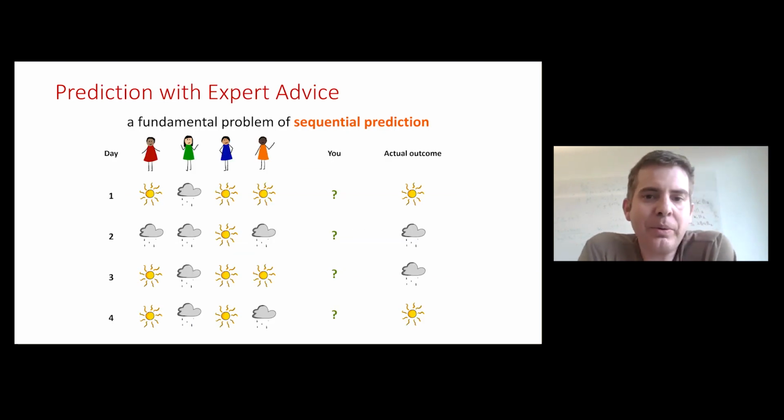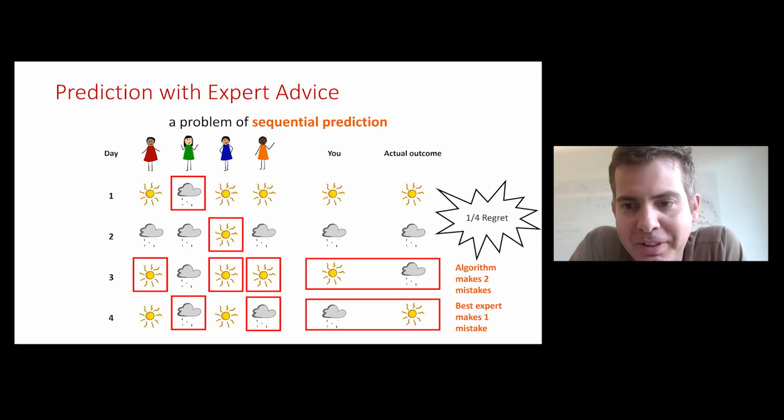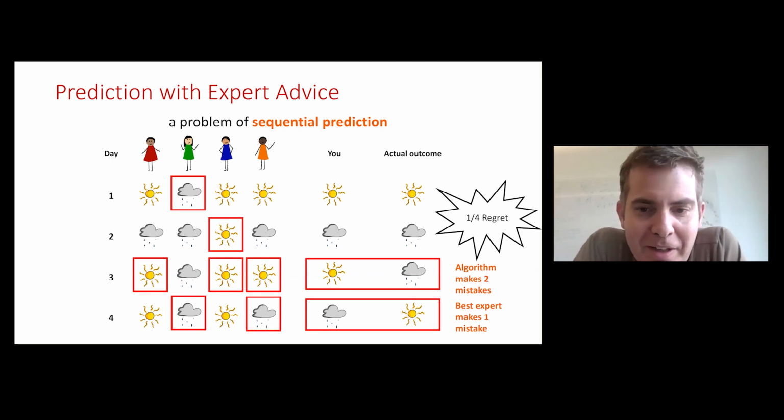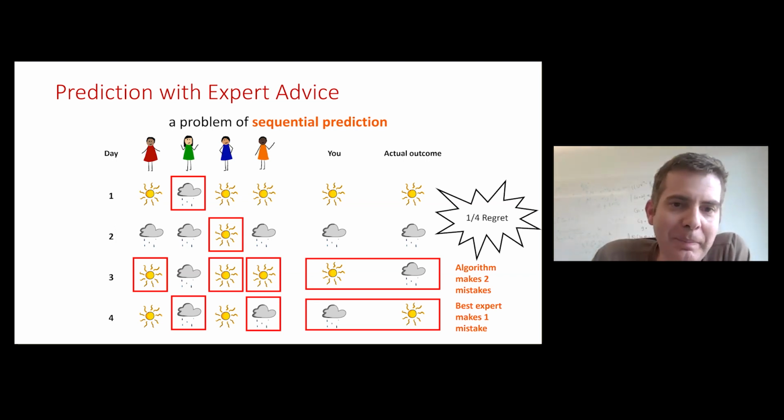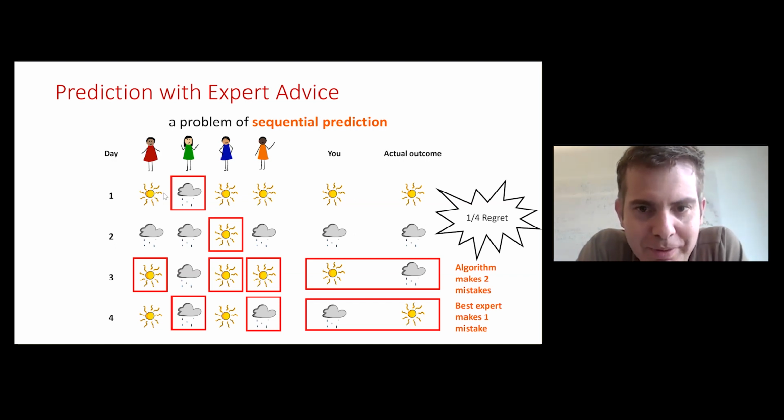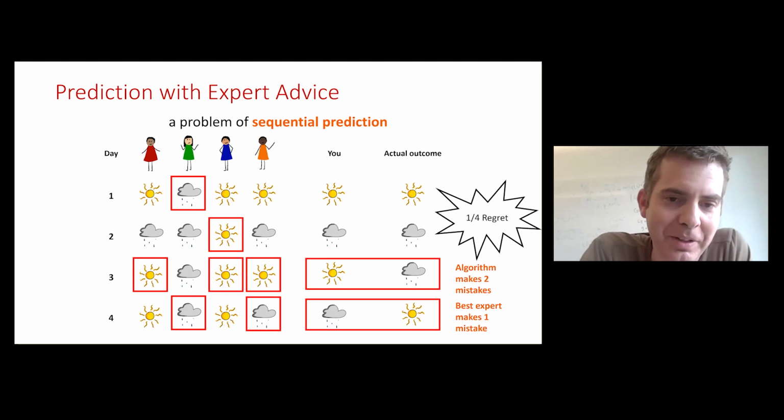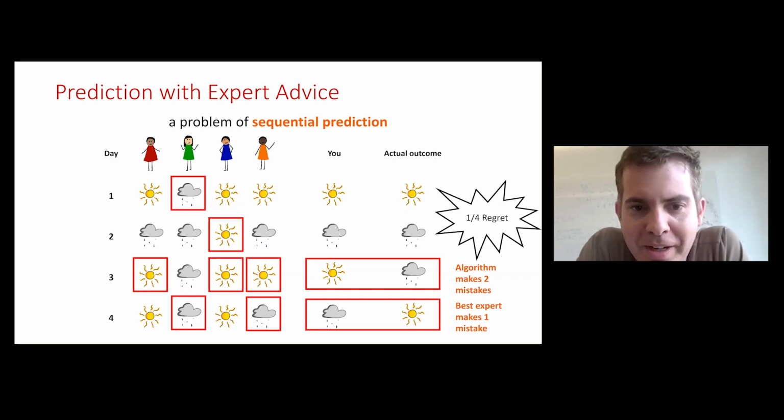Okay, so here is the same example again with these 4 experts, and you can see here in the boxes these are mistakes. So you see that on day 1, the second expert made a mistake, but the other 3 experts were correct.